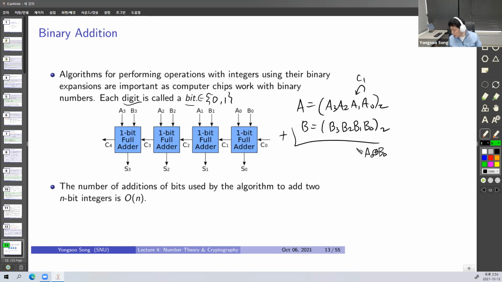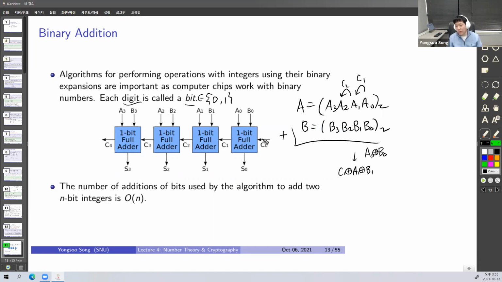And the same applies here. In the second digit, the second bit, you have this XOR of C1, A1, and B1. And if you have a carry, this carry is sent to the next bit, and you repeat until you reach the nth bit.